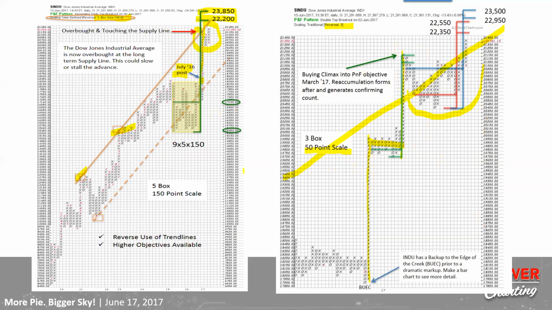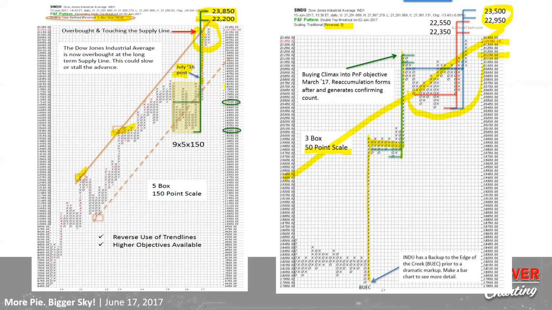And we said at the time in the blog, when we jumped out of here at around this 21,150 area, it actually at the time was 21,761 at the point of the analysis, that we were making the case for 2 counts here: a smaller conservative count, 22,350, 22,550, and then a larger count, 22,950, 23,500.